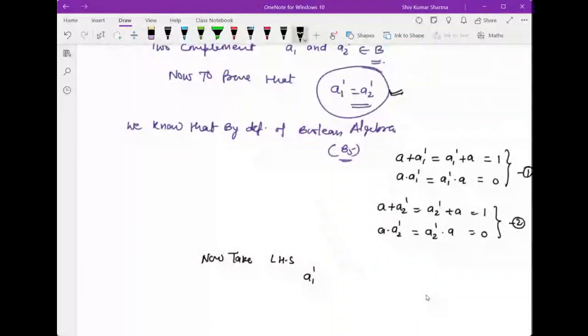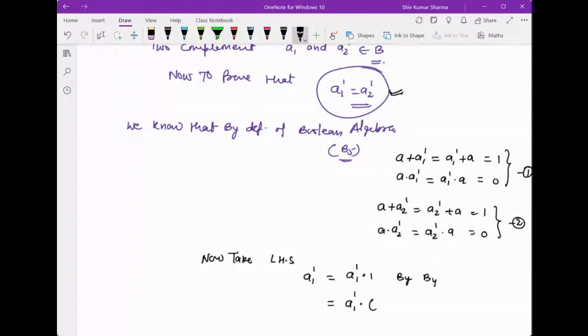So this A1 complement we can write as A1 complement into 1 लिख सकते हैं. By using B4, next we can write A1 complement into 1.